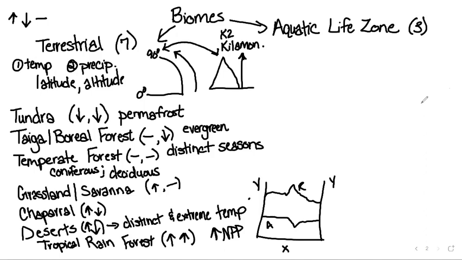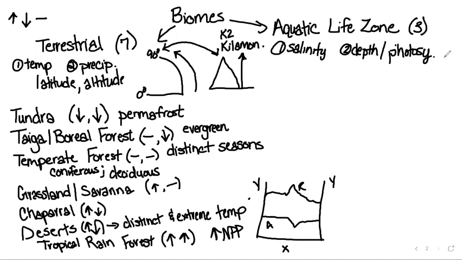All right. So let's talk about our aquatic life zones. Where terrestrial biomes are identified by temperature and precipitation, aquatic life zones are defined by salinity, which is the primary thing. We're looking at salinity first, and then we may start looking at depth or photosynthetic ability.